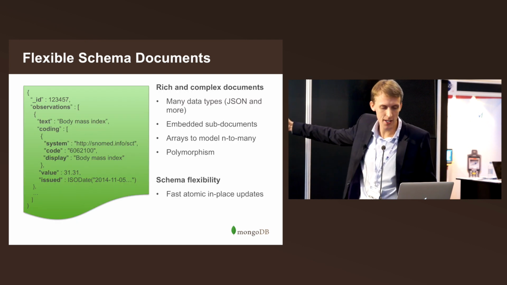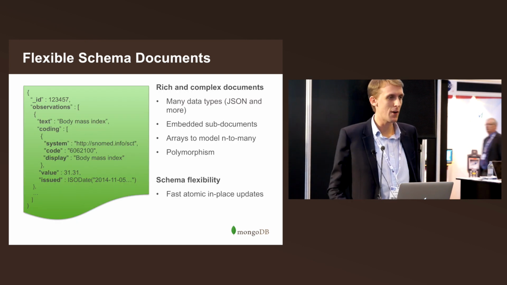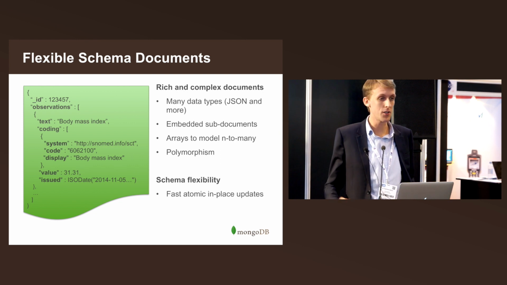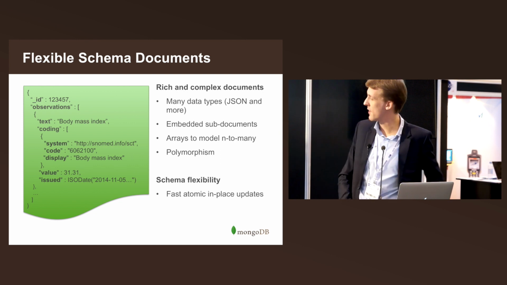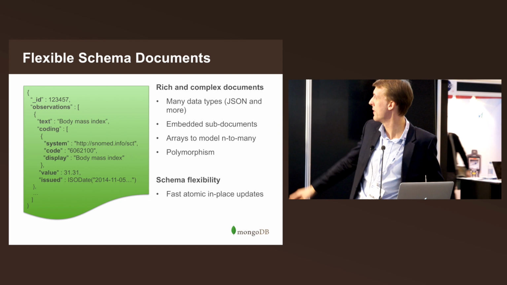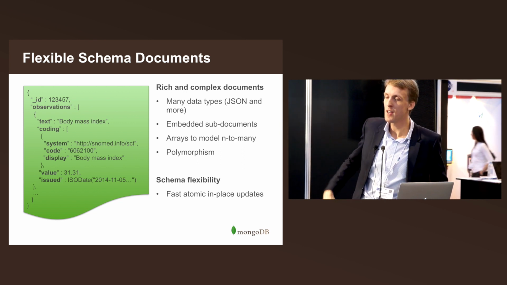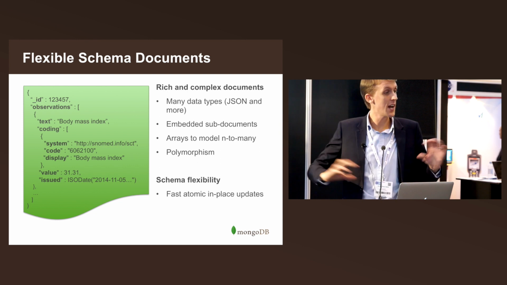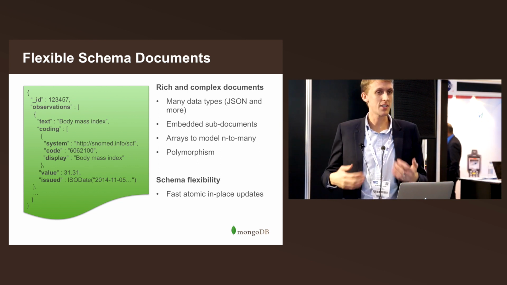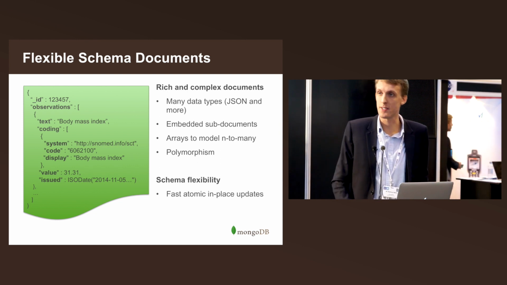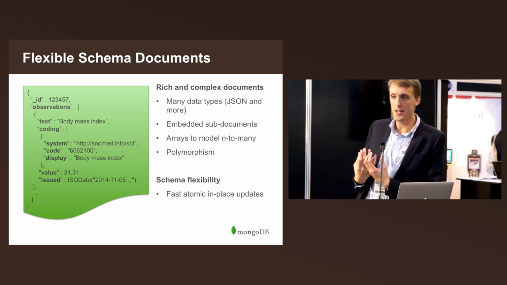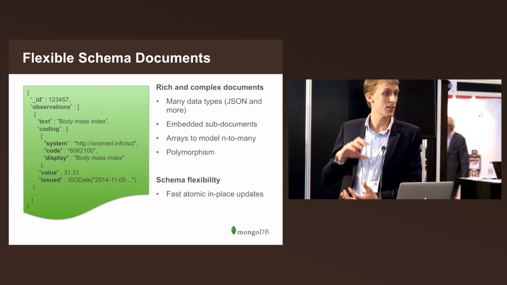What's quite nice is that documents enable us to represent very rich and quite complex information without the challenge of having to model it up front. We've got this ability to embed. So rather than having data that you put into tables and then you have to join at some later date, which is expensive at scale, we have the idea of being able to embed your data inside a document.